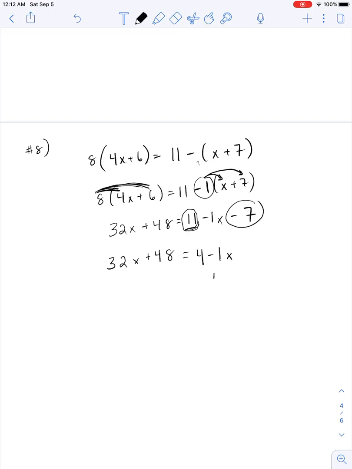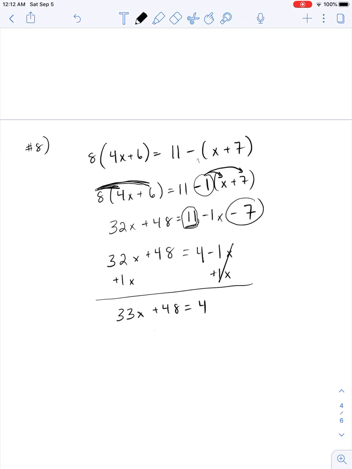I get rid of a minus x by adding 1x to both sides. Now I'm left with 33x plus 48 equals 4. And now all we have to do is get x by itself. We can subtract 48, subtract 48. We get 33x equals negative 44.